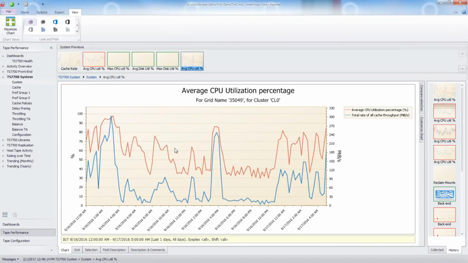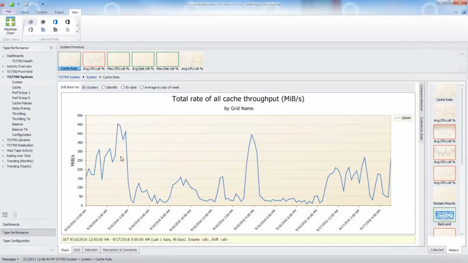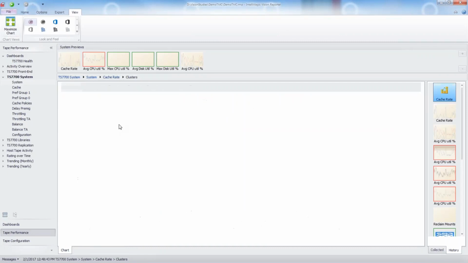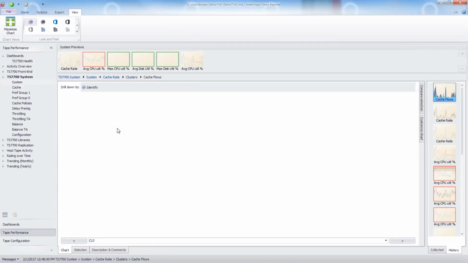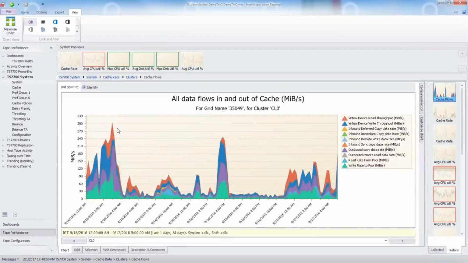That makes sense. So if I actually look at the cache rate, which is another graph available from the system view, I can look down on the clusters, click on the cluster, and look at the cache flow going on within the cluster. This tells me all the different activities going on within the cluster itself.